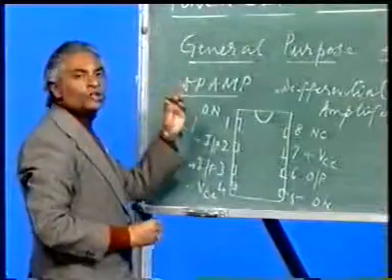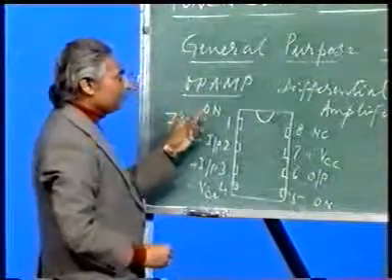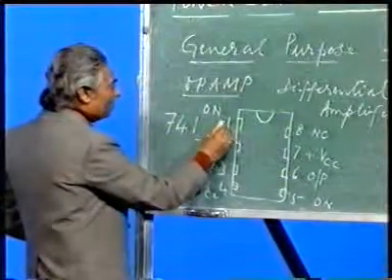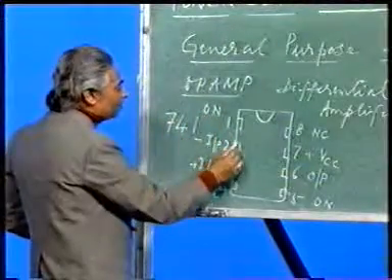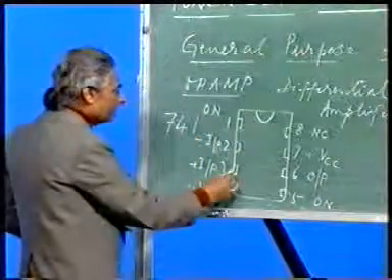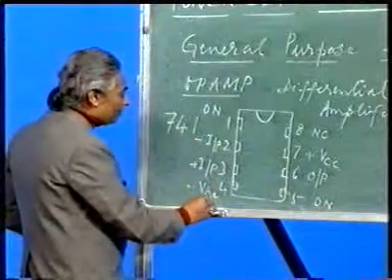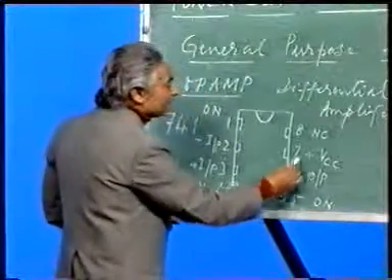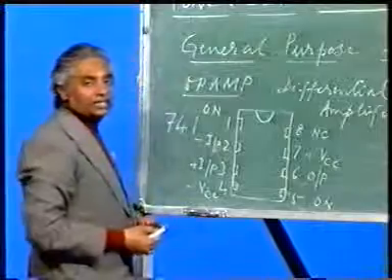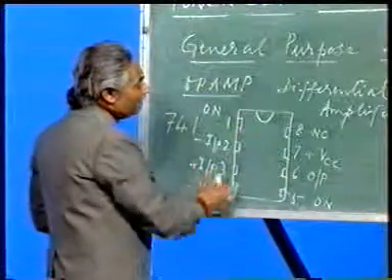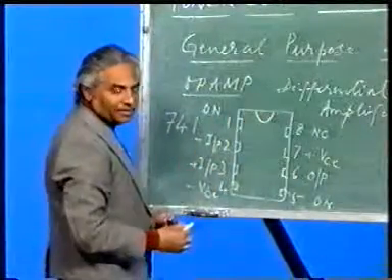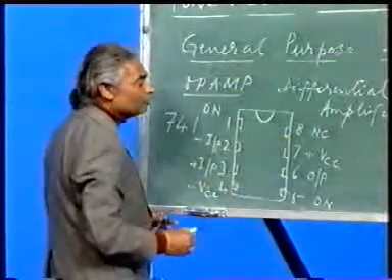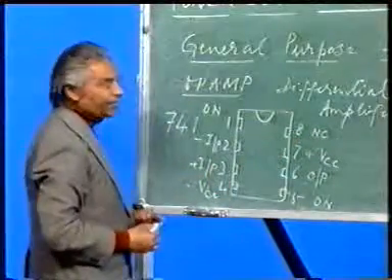NC stands for no connection. Now I know my pin configuration. I will repeat: pin number 1 is offset null, pin number 2 is minus input, pin number 3 is plus input, pin number 4 is minus VCC, 5 is offset null, 6 is output, 7 is plus VCC, and 8 has no connection. You see, I cannot have an IC with 7 pins, so it has to be 8, but only 7 are used, 8 was not used, therefore no connection on pin number 8.